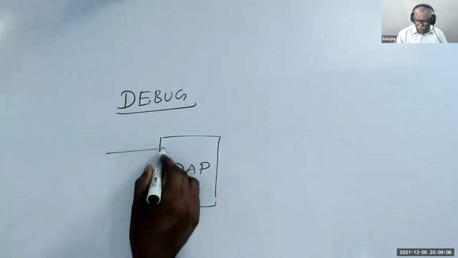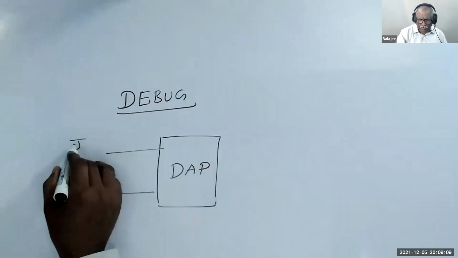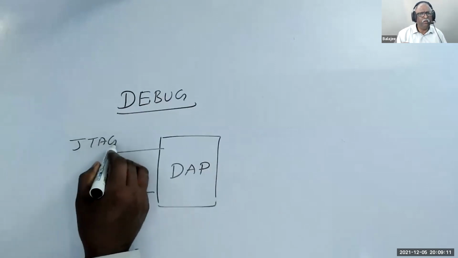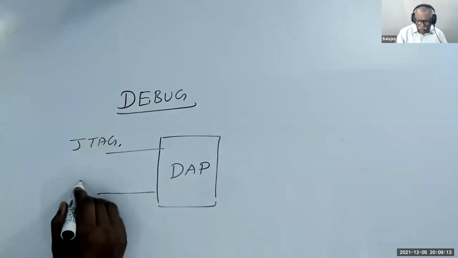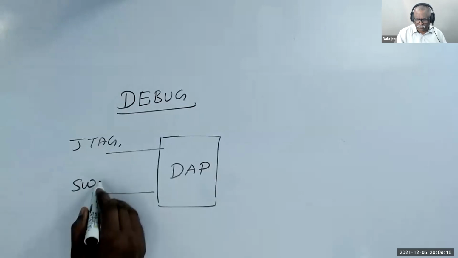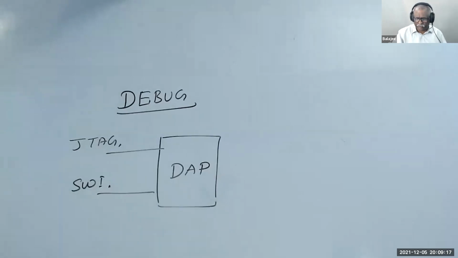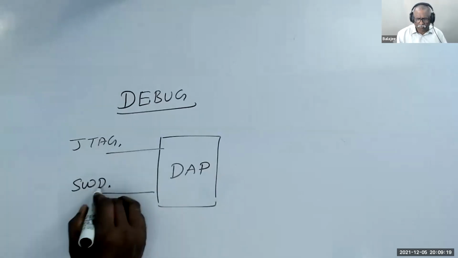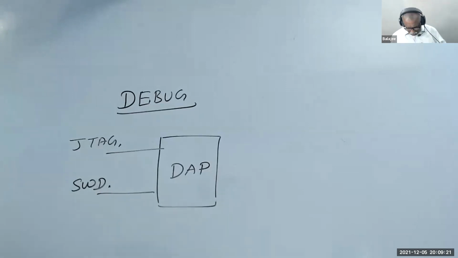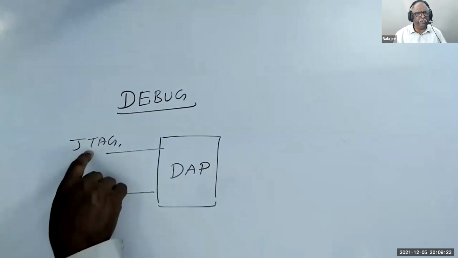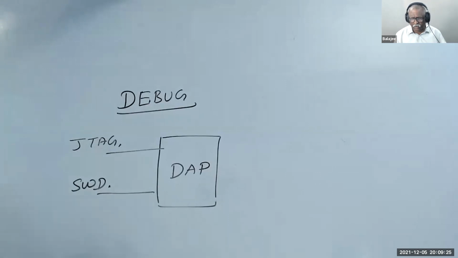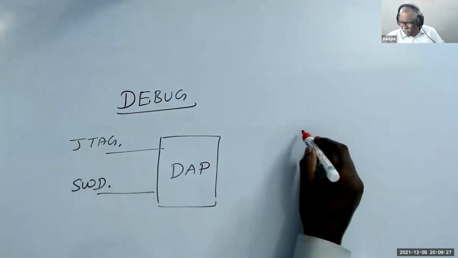There are 2 types of interface. One is called JTAG. The other is the serial wire interface, SWD, serial wire debug. JTAG is a very tricky one. We have already discussed that.